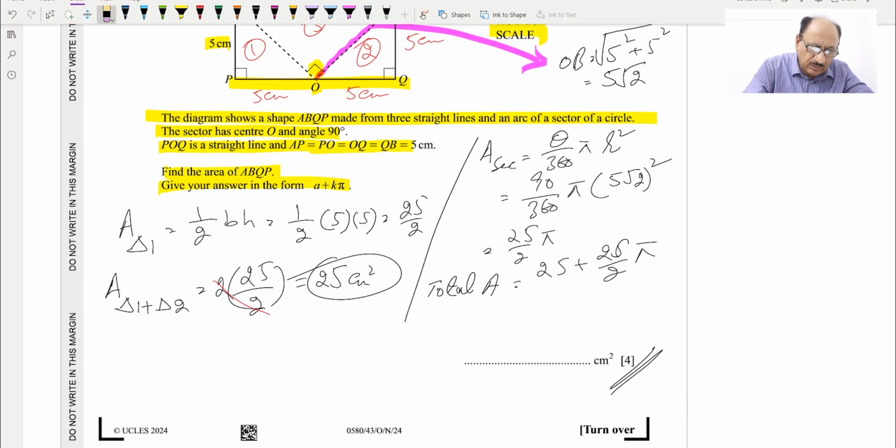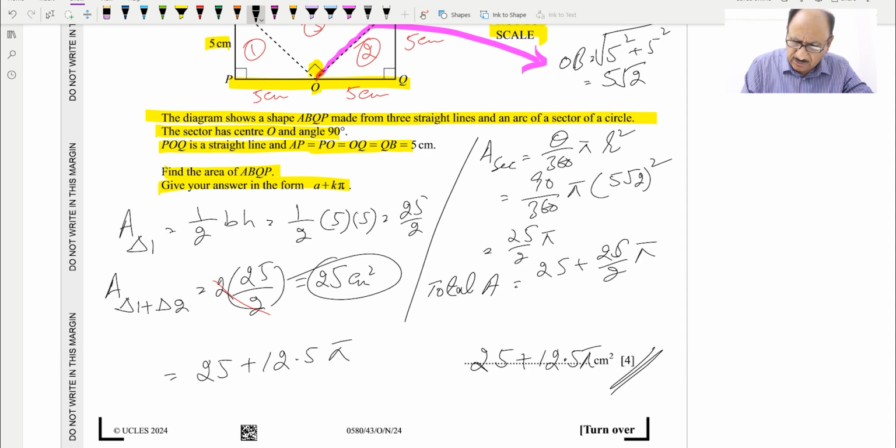So we can write the total area will be 25 plus 12.5 pi, and that is basically the answer. 25 plus 12.5 pi will be our answer, or we can even give the other one as the answer.